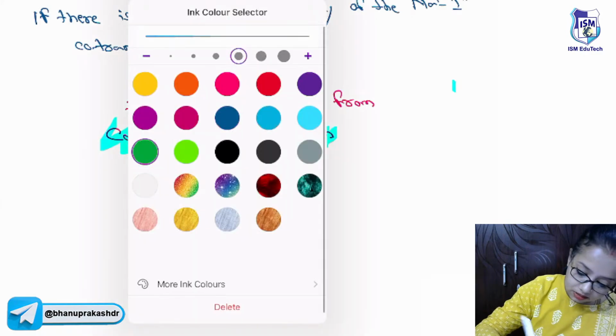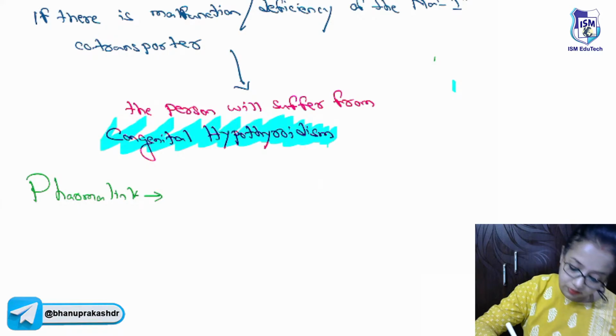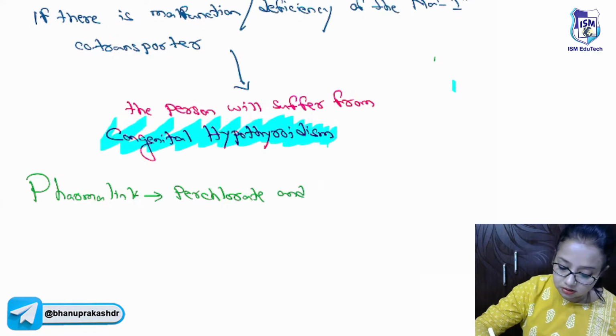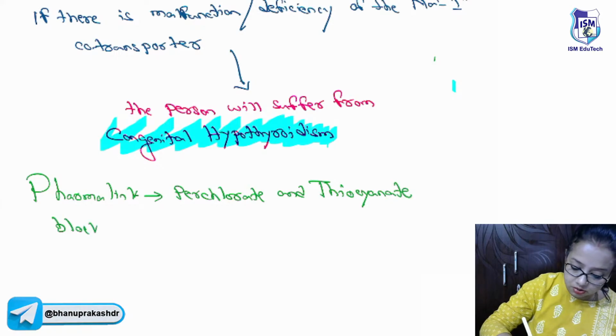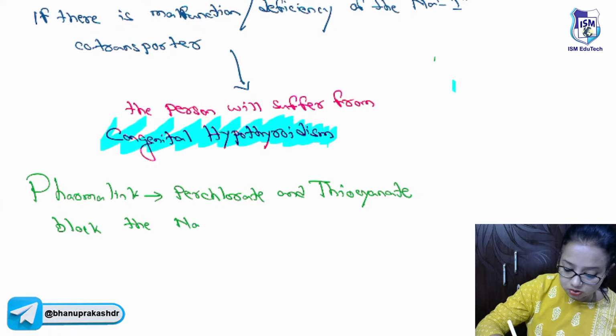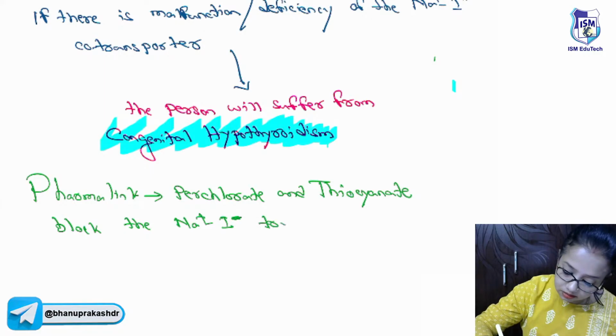The pharma link to this is like perchlorate and thiocyanate block the sodium iodide transporter.